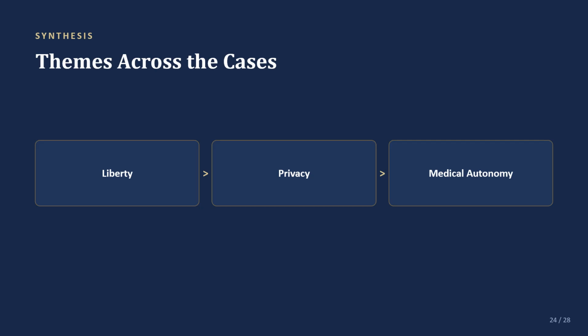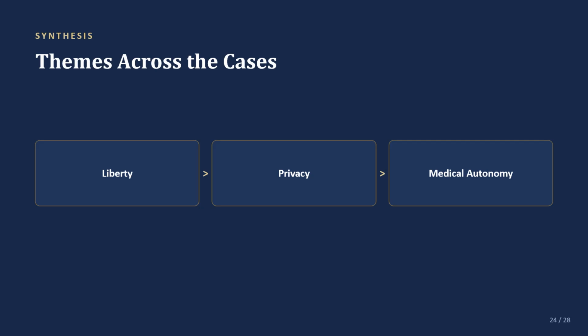So every single case that we've talked about today, Roe, Casey, Dobbs, Cruzan, Glucksberg, Vacco, and I feel like I'm missing some, can all be understood as the Court either extending or declining to extend that same liberty to privacy to medical autonomy chain to a new specific factual context.